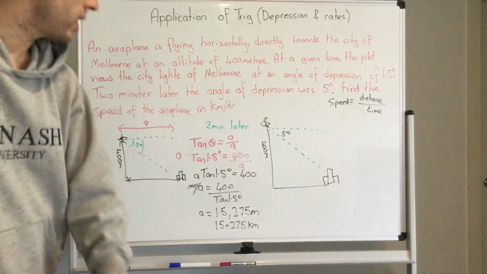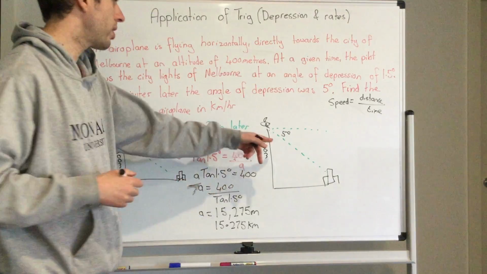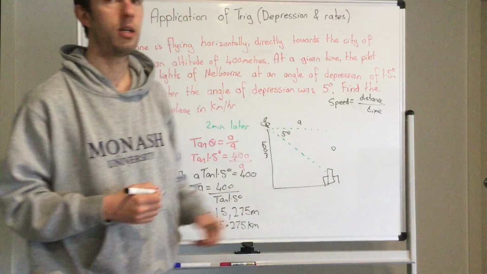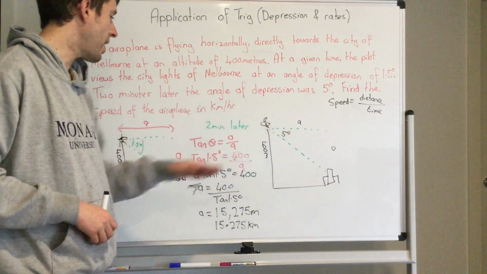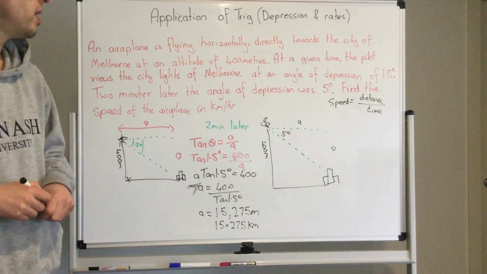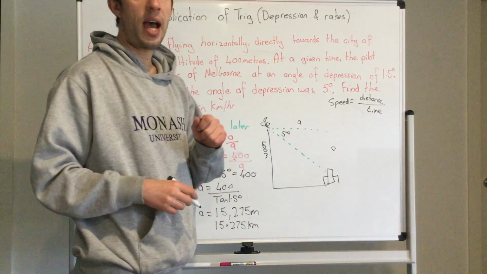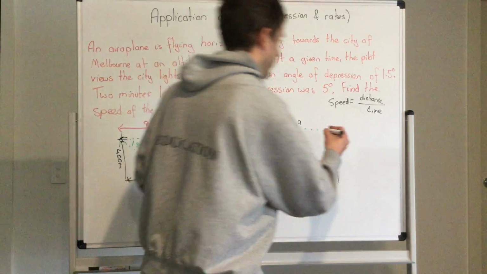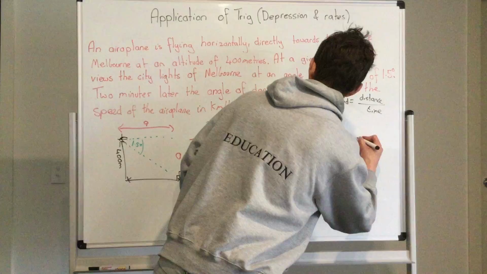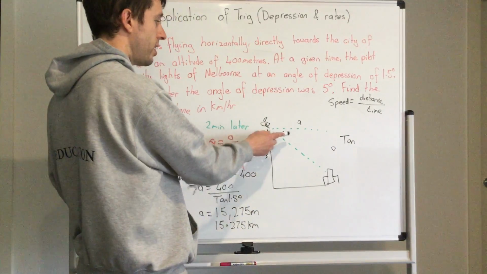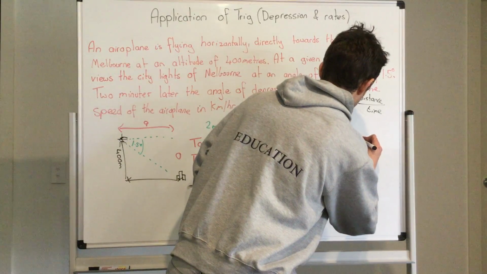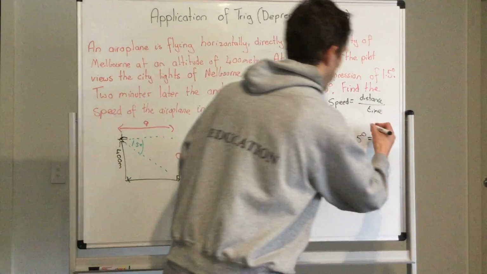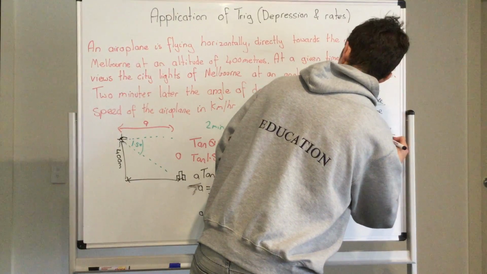Let's look at our second one, exactly the same. We are going to be looking at opposite over adjacent because I need to find the distance, and then I can take it away and work out the distance that has been travelled. So I'm using tan again. Tan 5 degrees equals opposite, which is 400 meters, over adjacent.